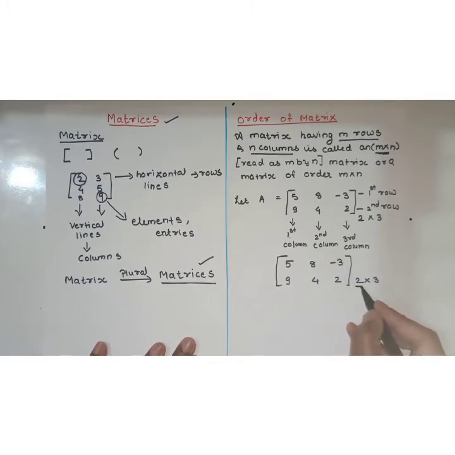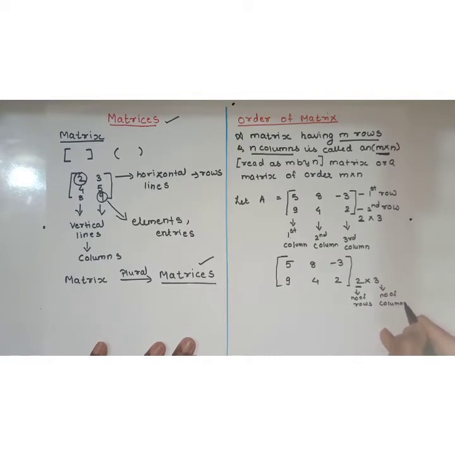This 2 represents the number of rows, whereas 3 represents the number of columns. So this matrix is of order 2 by 3.